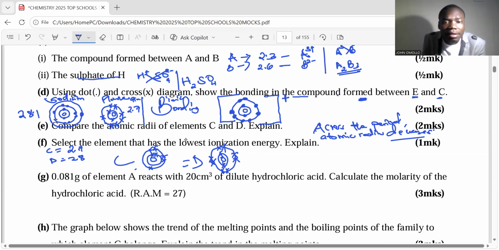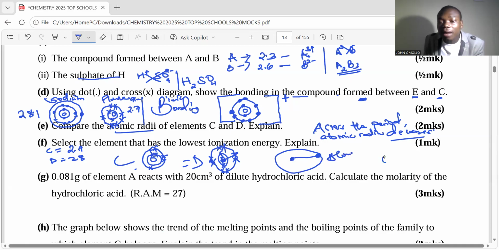Remember, what is atomic radius? Atomic radius is the distance from the nucleus to the last energy level. So the distance from the nucleus here to the outermost energy level, that is what we are referring to as atomic radius.